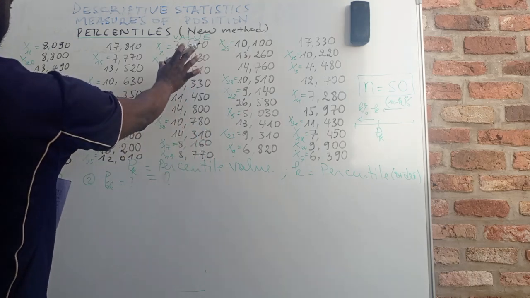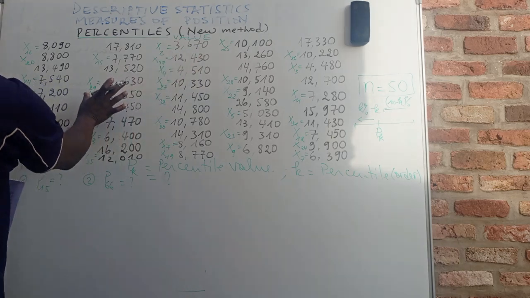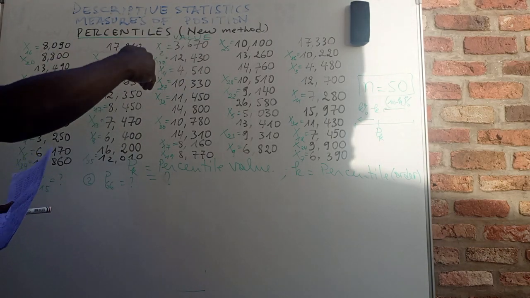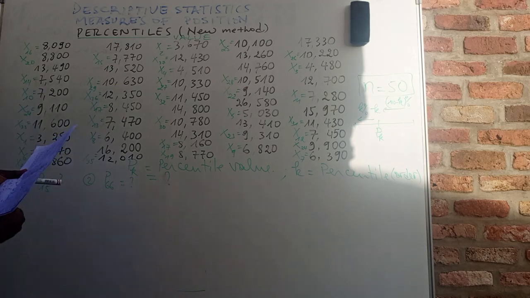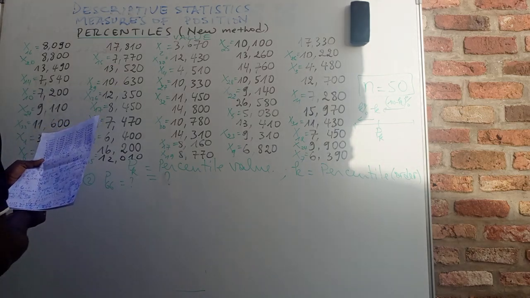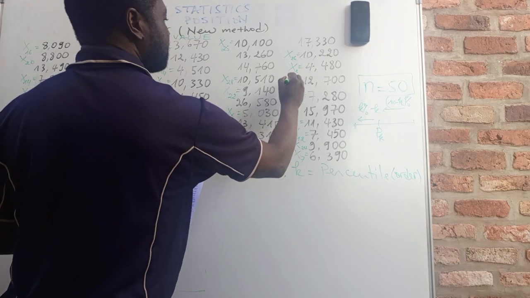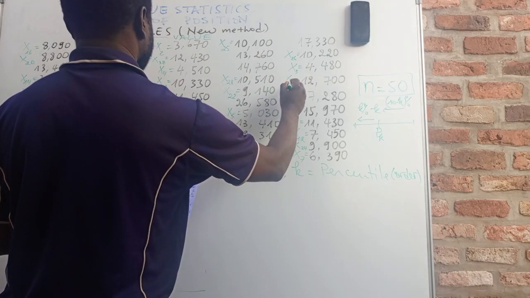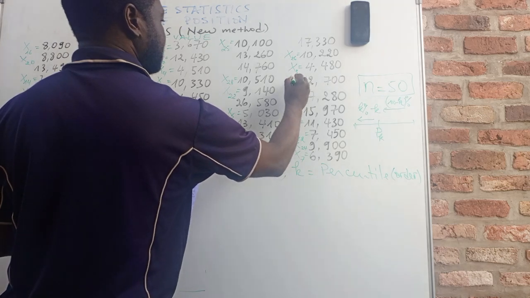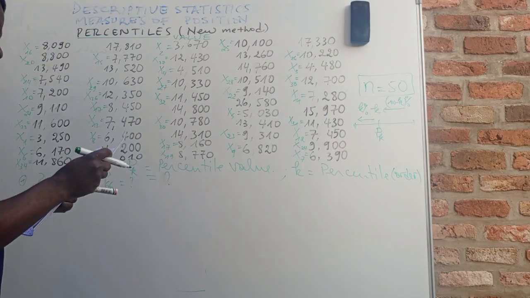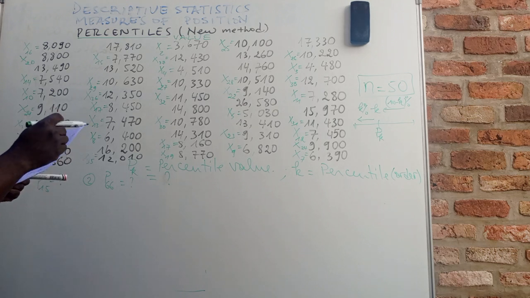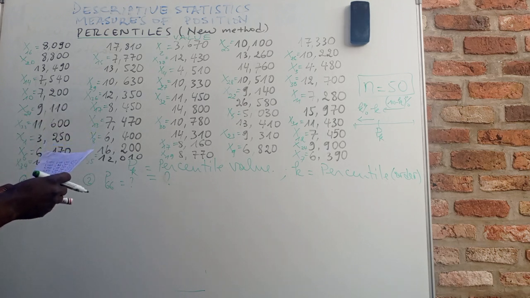From what I have just mentioned, these are in increasing values. Next, x sub 38. This I have as 1270. Okay, x sub 38. x sub 39 is 13260.